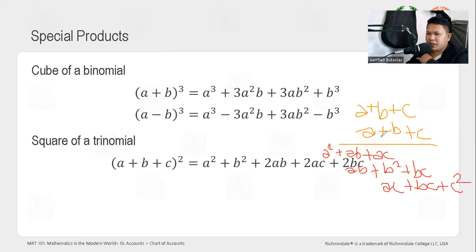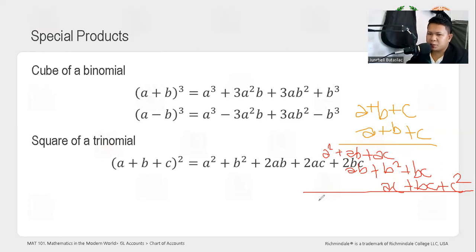B times b, that's b squared. B times c, that's bc. I think we can combine now the like terms. If this is quite confusing, let's try another method.